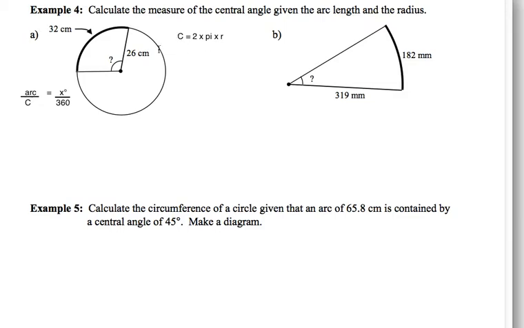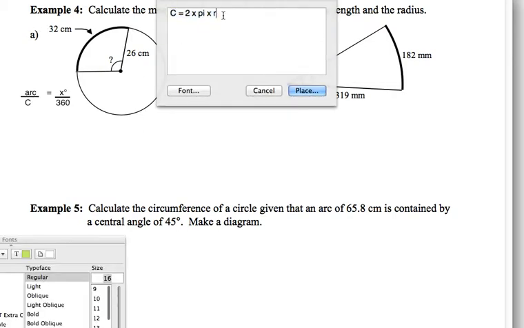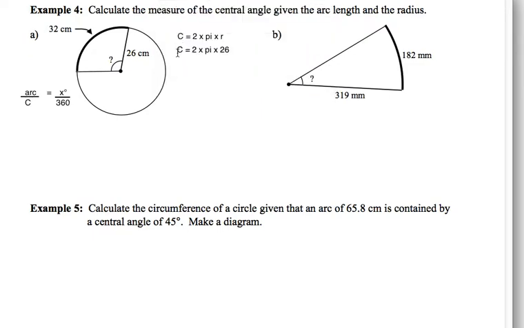So now I can plug in the numbers that I know to figure out the circumference. Circumference equals 2 times pi times radius, and the radius is 26. Now, pi might look like a variable to you at first, but it's just a number like any other. So here you're just going to say circumference equals the calculation I get when I do 2 times pi times 26 in my calculator.